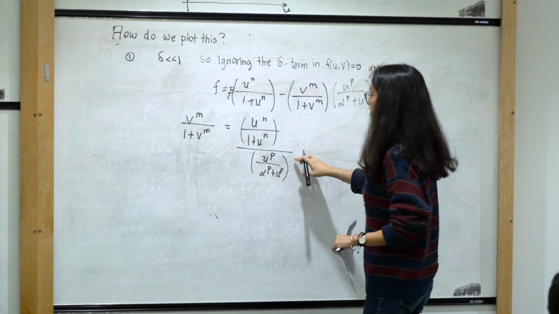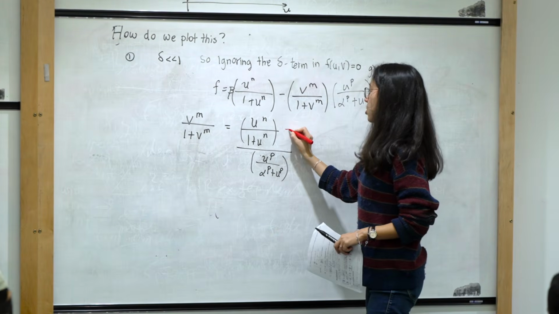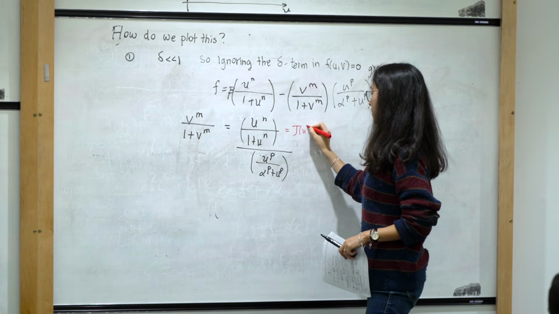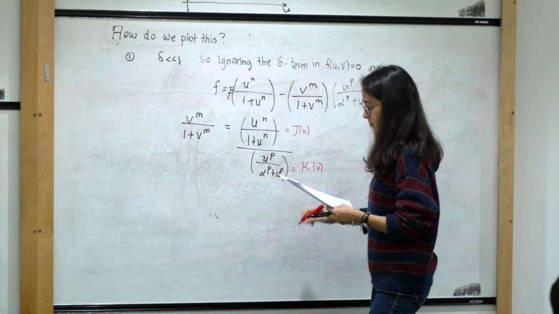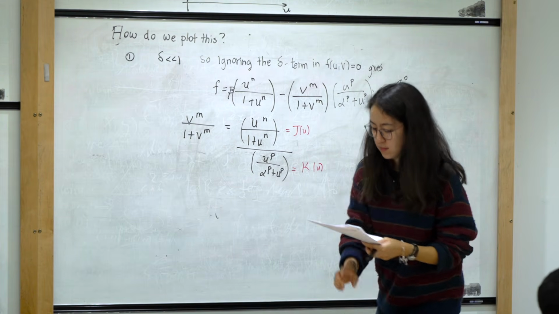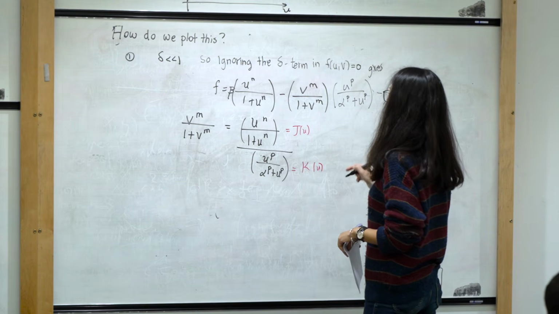And these things I will define as two new functions. This is going to be my j, and this is the k of u. Did I forget? I forgot the beta, right?